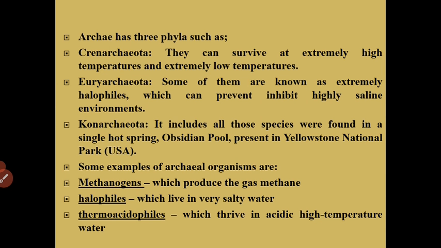Euryarchaeota, some of them are known as extreme halophiles, which can inhabit highly saline environments. Korarchaeota includes all those species which were found in a single hot spring. The place is Obsidian Pool, present in Yellowstone National Park, USA.